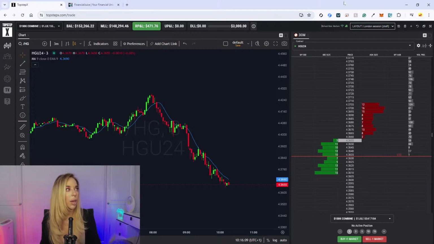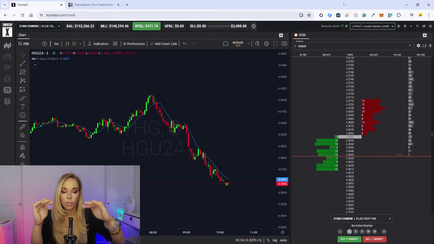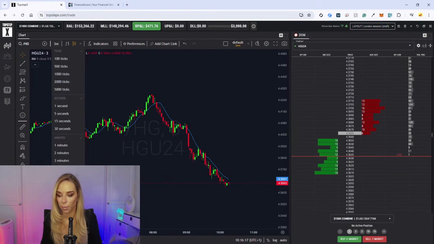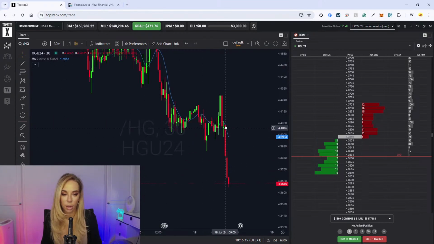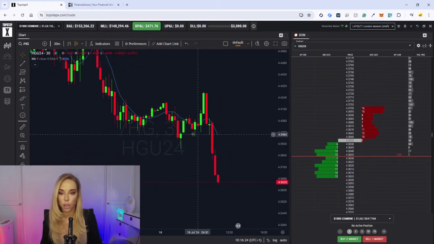Even though we might have, let's say, a bearish engulfing on a 30-minute chart, actually, let's try and find an example. So here we go. We had a bearish engulfing at the start of London. There it is.